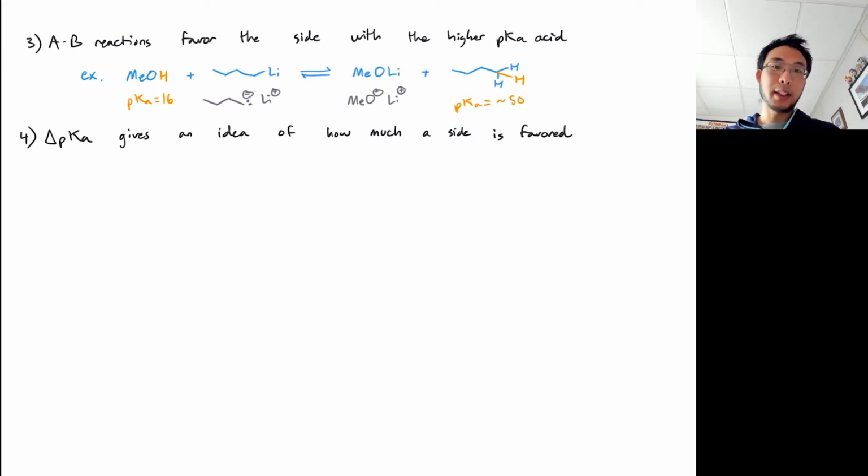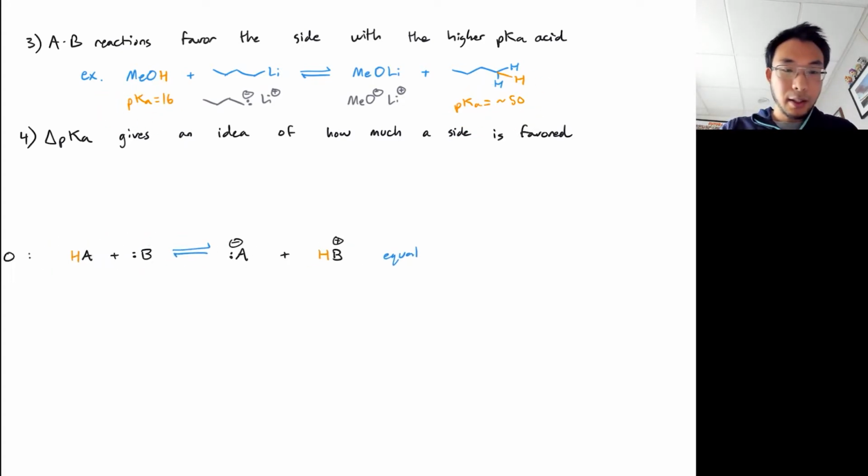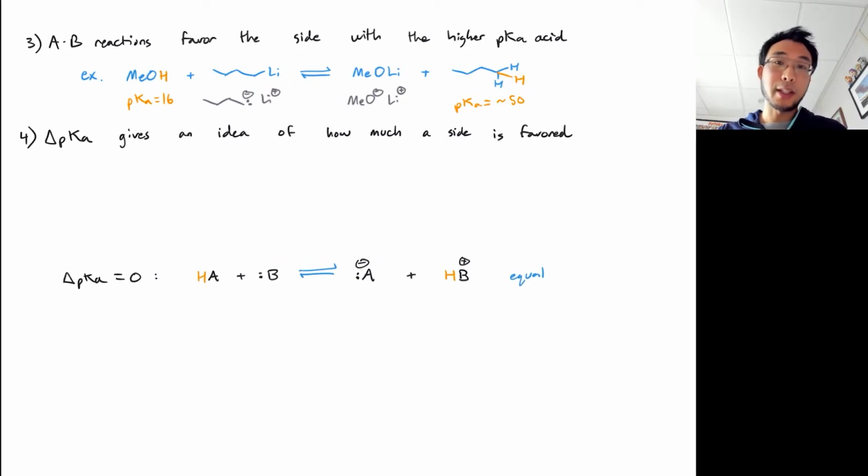There's a lot of gray area here, but we can have some very general guidelines. What we'll do is take the difference in pKa of the conjugate acid and the acid in our acid-base reaction. Naturally, if those are equal to each other, or delta pKa equals 0, then this equilibrium is going to be equal on both sides.